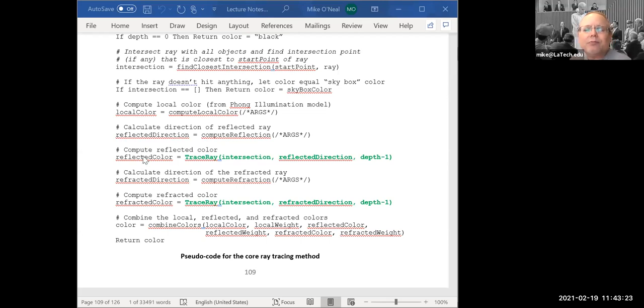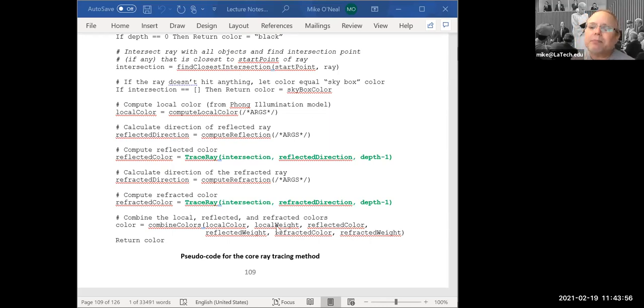But in reality, you would probably want to check and see whether or not it makes sense to do all of this recursion by looking at some function of the weight. Because let's say your refracted weight was 0, well then why in the world would you go through half the work of the program, going through all those levels of recursion to compute a number that in the end you're going to multiply by 0?